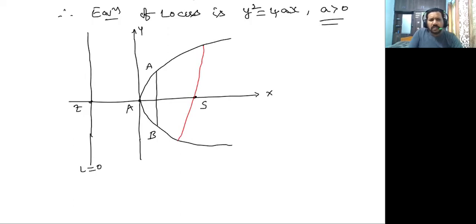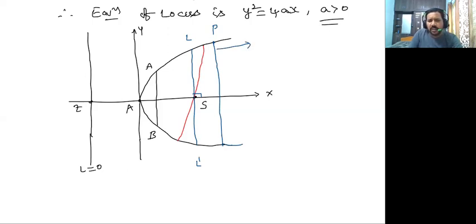Now, the chord perpendicular to the axis passing through the focus is called the latus rectum. These two are perpendicular. This is L, this is L dash. Now, the chord passing through the point P and perpendicular to the axis, we will say, is a double ordinate.